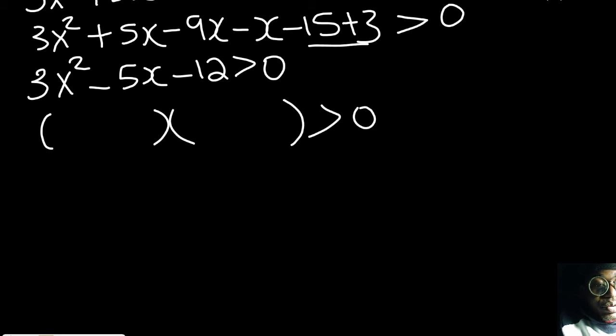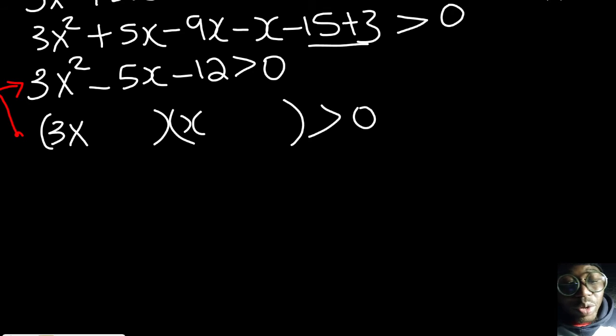We're going to factorize 3x squared by writing 3x and x on the other side. Okay, so we're going to factorize the 12, 5x minus 12. So the idea is, when you factorize, when you multiply what you are factorizing, it should result in the above equation. So that is the idea.